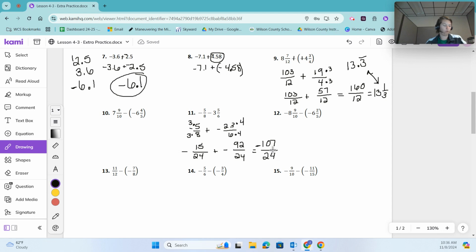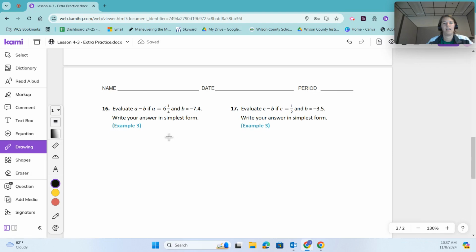Negative 107 over 24, and that is going to become negative 4 and 11/24. Either one of those will work. There are several more for you to try on your own.